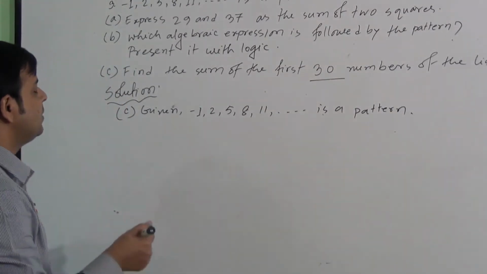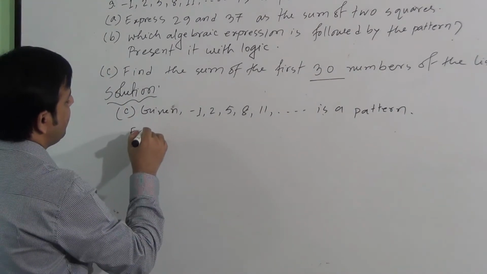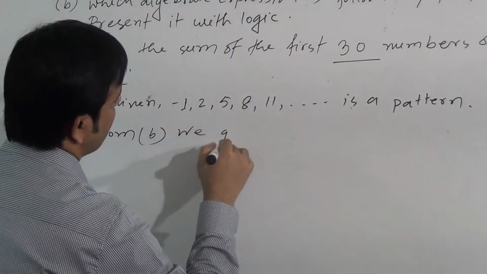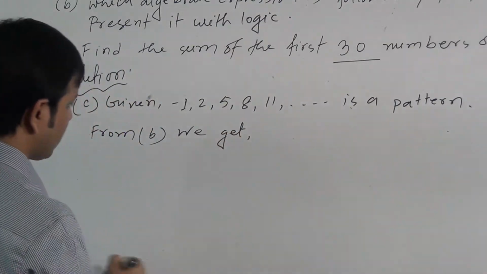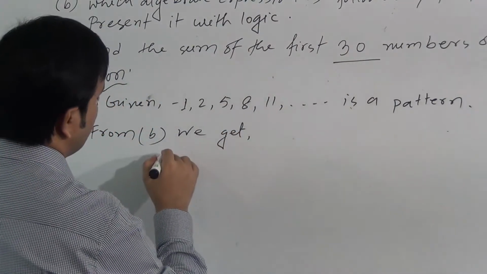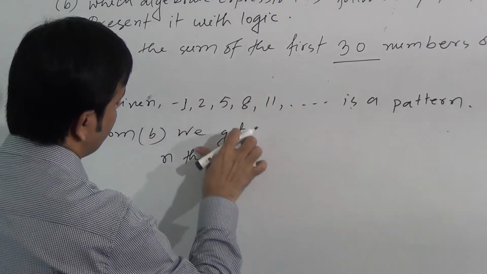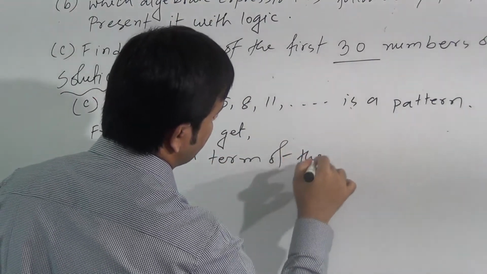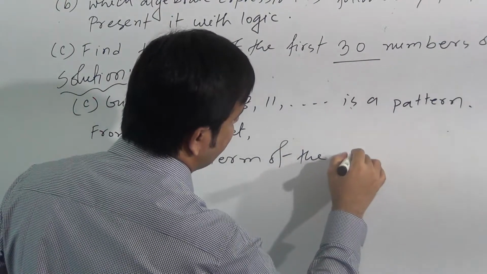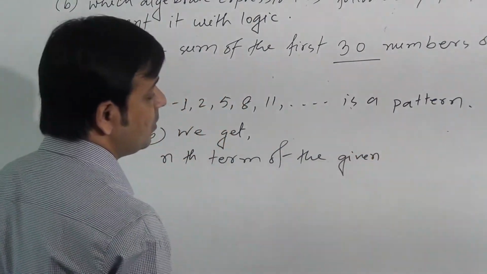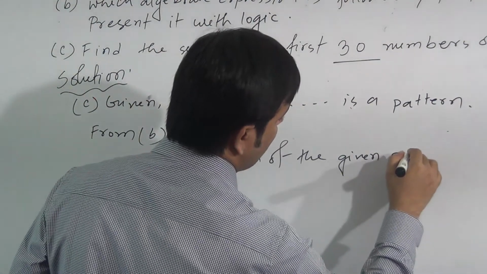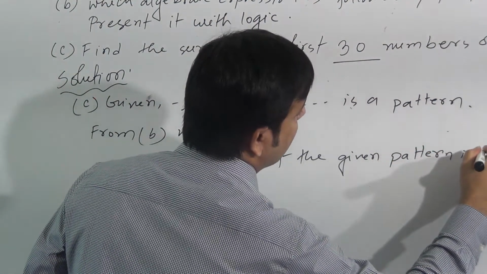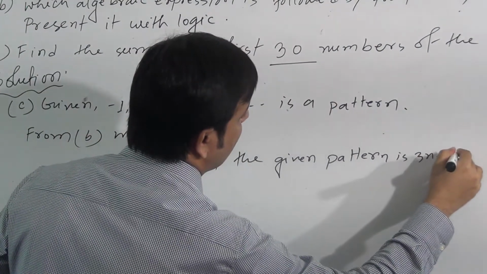So we can say from B we get the nth term of the given pattern is 3n minus 4.